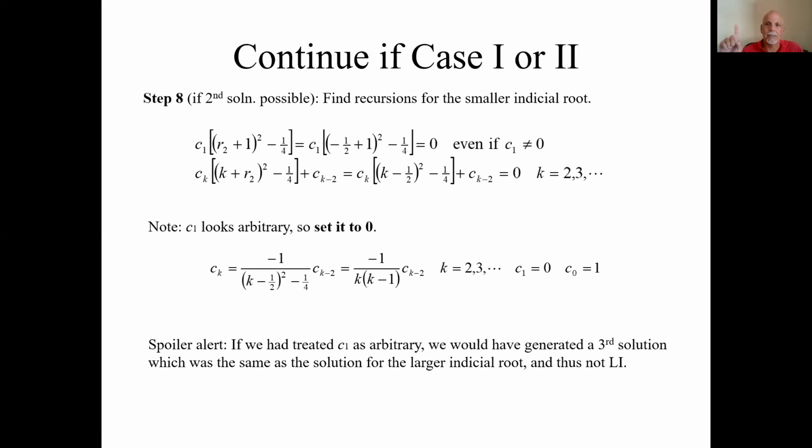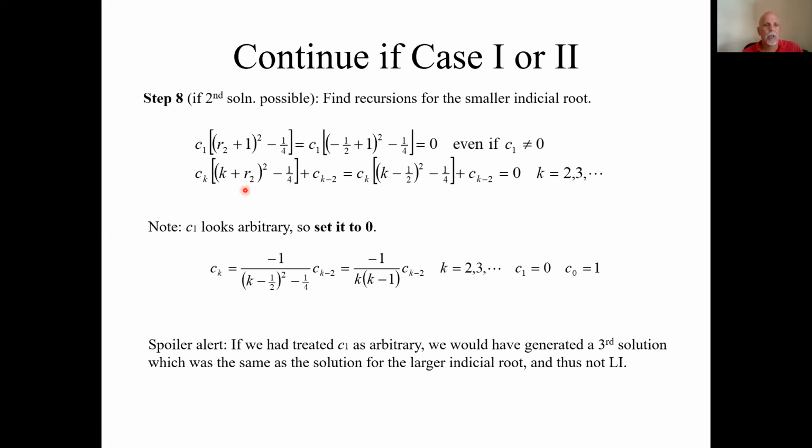And this is that subtle case I was talking about. It makes C1 look arbitrary because it could be anything, and the identity property is still upheld. So we're going to set it to 0.